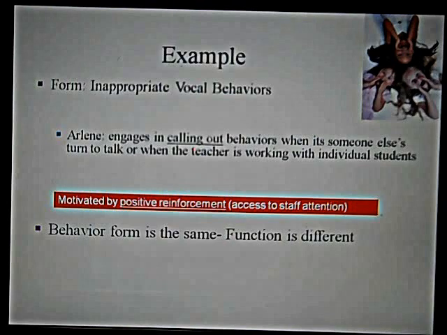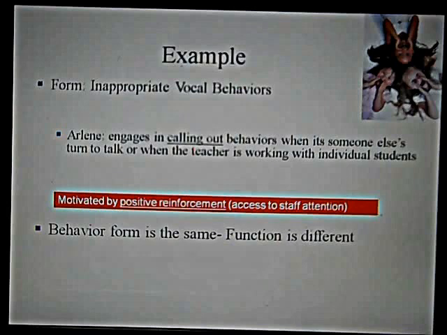Her goal is to take attention off of the student and bring it back to herself. And when this happens, she's motivated by the positive reinforcement of getting teacher or staff attention.